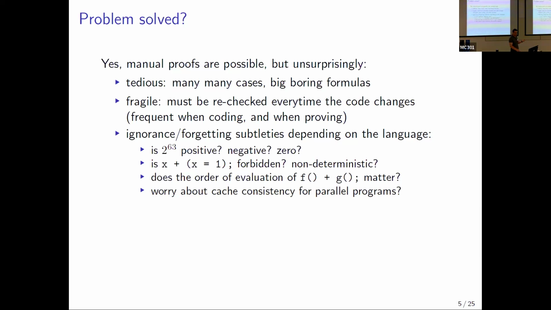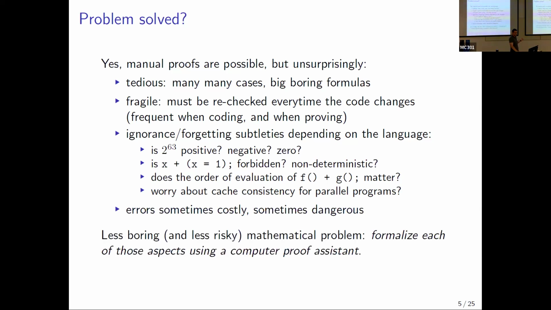Should we worry about cache consistency of parallel programs? All of those are not super interesting problems, but we're supposed to check them anyway, so that's something we don't want to do manually. Of course, errors can be costly and dangerous. I think I don't need to convince you of much of this: it's better to formalize each of those aspects using a computer proof assistant, and then let it check everything.